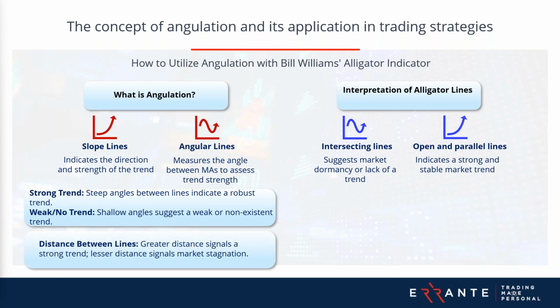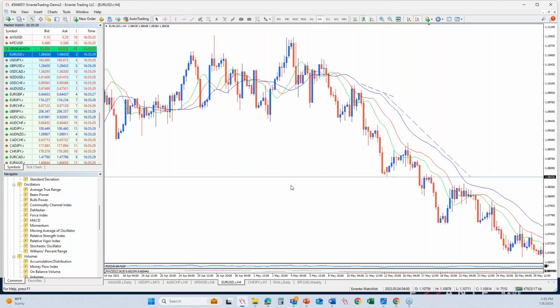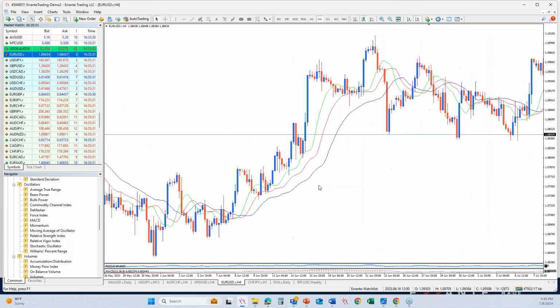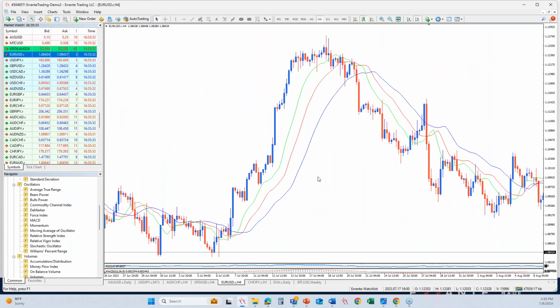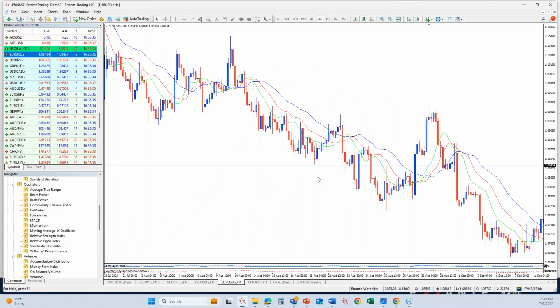And another thing that you can look at is the distance between lines. A large distance between the lines signals a strong trend, while a small distance suggests the market is not trending. You can understand it very easily by comparing different trends.